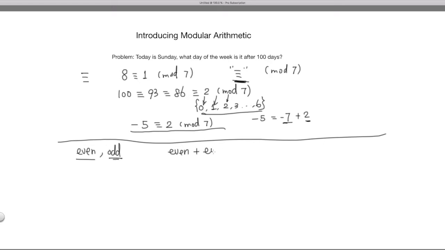Even plus even is even, right? Even plus odd is the same as odd plus even. It's actually odd. And odd plus odd, okay, better to put the dd there because otherwise it looks like a 0.